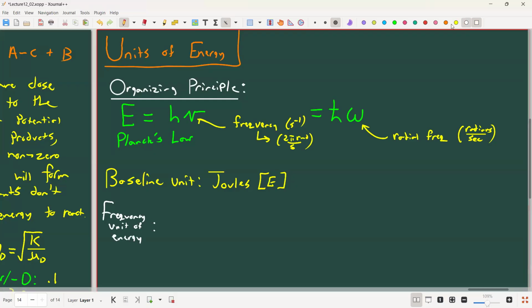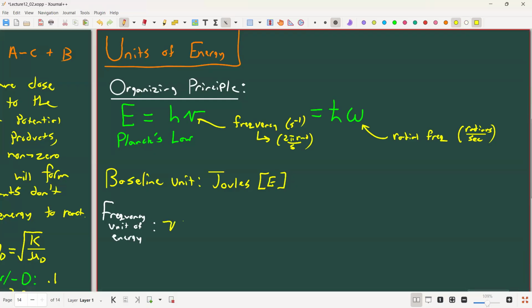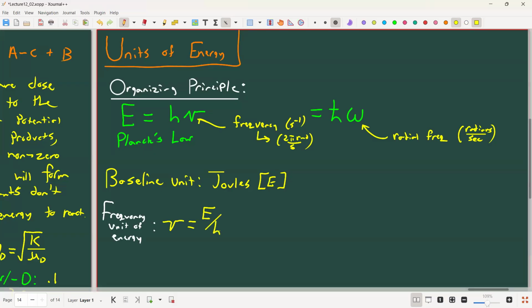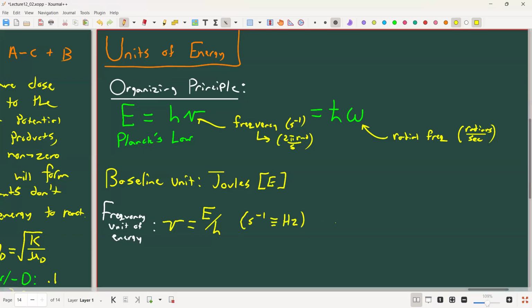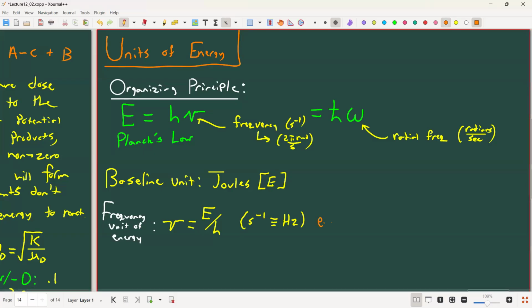Right, which is nu, which is equal to E over h. Okay, so that gives me an energy unit, right? So seconds to the minus one, which is also called hertz. This is an energy unit for light.